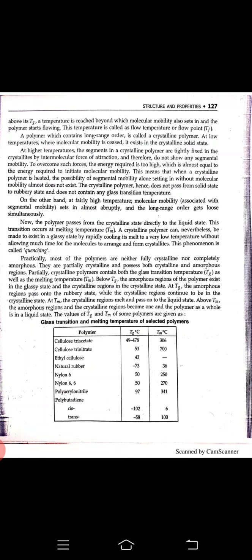A polymer which contains long range order (LRO) is called a crystalline polymer. At low temperature, where molecular mobility is ceased, it exists in the crystalline solid state. At high temperature, the segments in a crystalline polymer are tightly fixed in the crystallites by intermolecular forces of attraction and therefore do not show any segmental mobility.